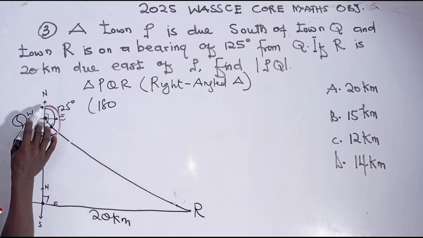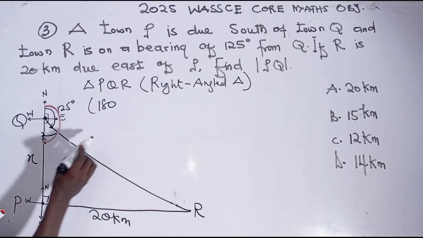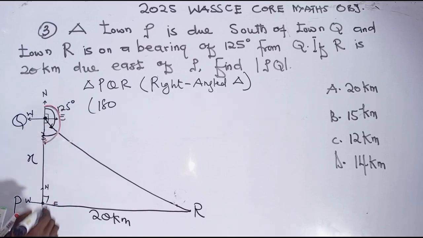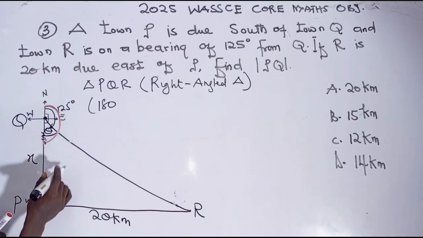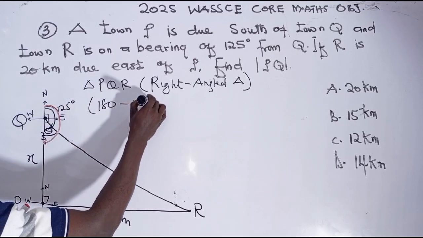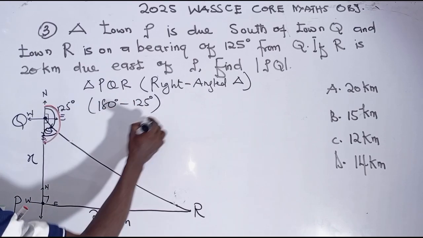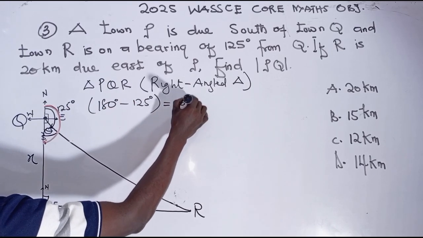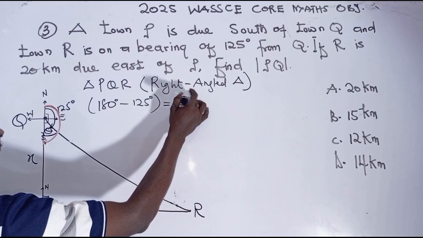But we know the measure of the angle from the north to this terminal line is 125. So to find this small angle, we subtract 125 from 180 degrees, and that gives us 55 degrees.